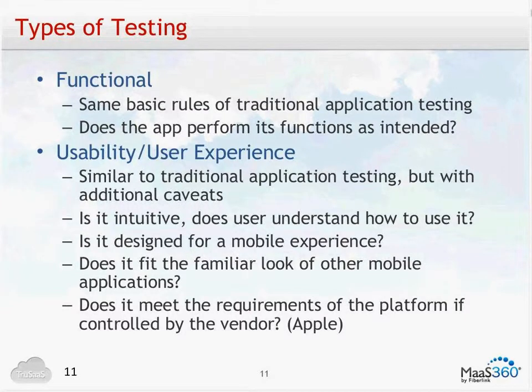Right. So the way we do it with MaaS360 is this. You can configure application blacklists and whitelists, and if a device goes out of compliance, meaning they install a blacklisted app or they install an app that's not in the whitelist, then MaaS360 will mark the device as out of compliance, and then IT can take action on the device or work with the end user to rectify it.